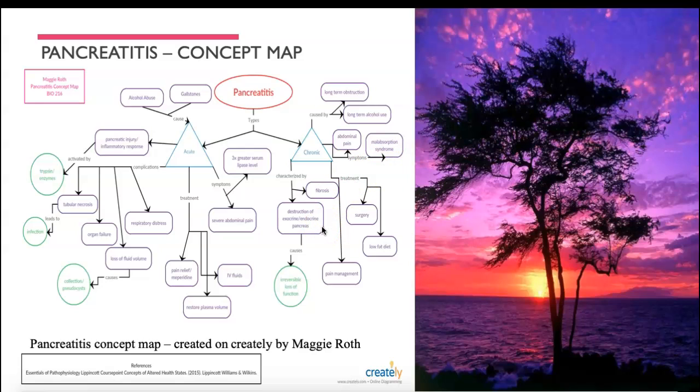And over time, the pancreatic tissue and the cells are destroyed, and that leads to the destruction of the functionality of the pancreas, and this is irreversible. This loss of functionality is irreversible.